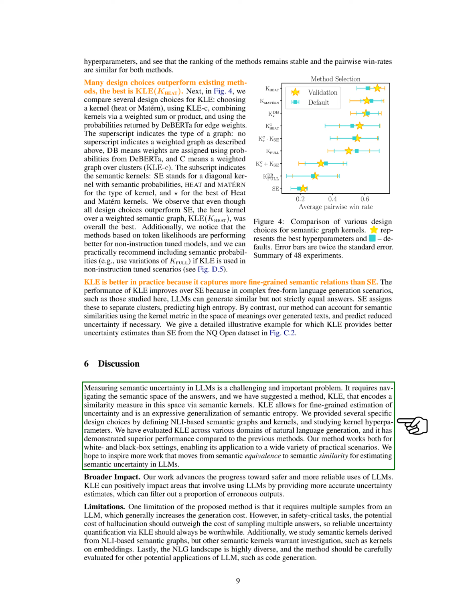By creating NLI-based semantic graphs and kernels, and examining kernel hyperparameters, we offer specific design choices. Through evaluations in various natural language generation domains, KLE has shown better performance than existing methods. Our approach is versatile, working well in both white and black box scenarios, making it applicable in many practical situations.